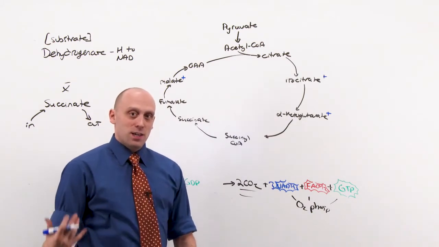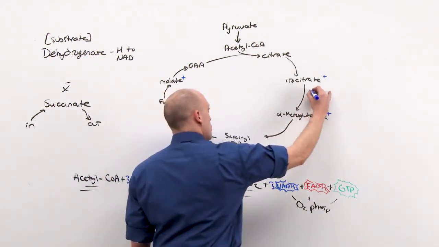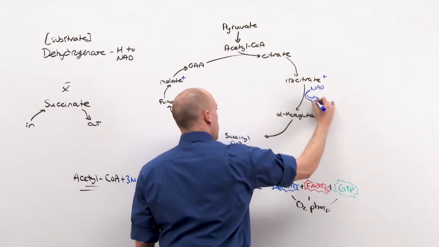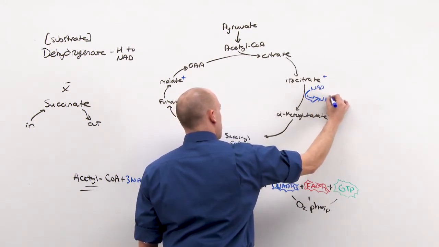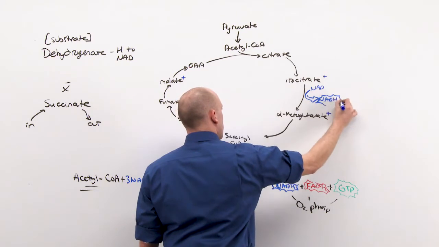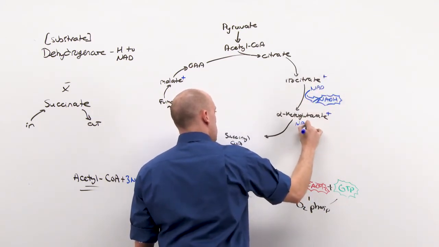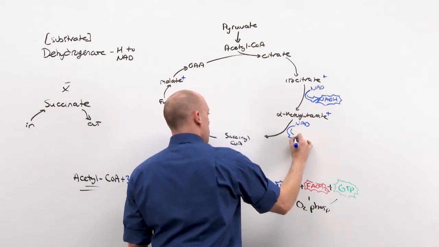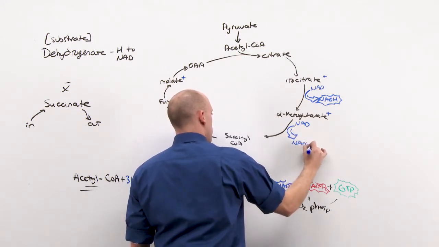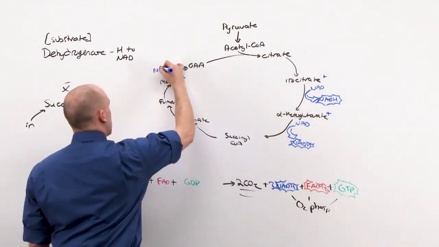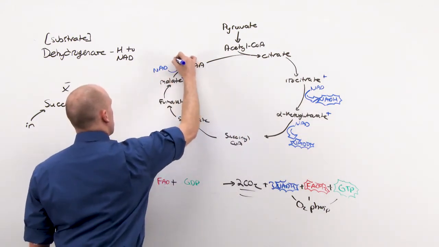Because they are dehydrogenases, they take a low energy compound, NAD, and form a high energy compound, NADH. That's true after isocitrate. It's true after alpha-ketoglutarate. And it's true after malate, NAD to NADH.